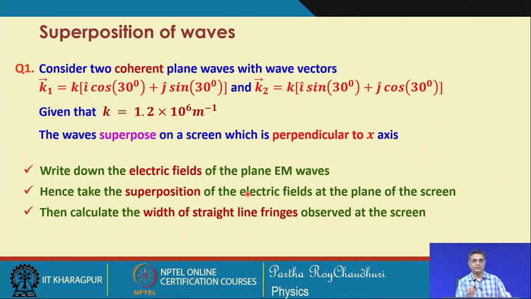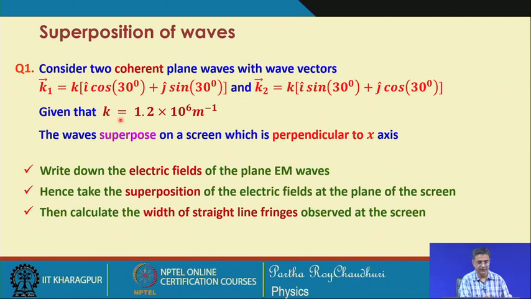Now, we will take up one example. Let us consider two coherent plane waves with the wave vectors k 1 equal to k(i cos 30 degrees, j sin 30 degrees), whereas k 2 is k(i sin 30 degrees, j cos 30 degrees). So, these are the waves.